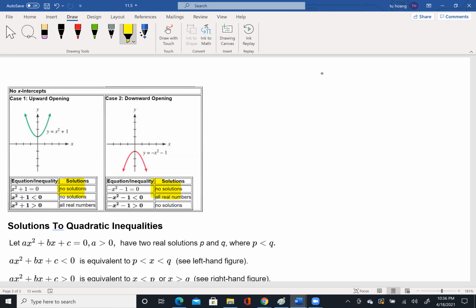You also get no solution if you look for x squared plus 1 less than 0, because the graph will never be below the x-axis. And all real numbers for greater than 0. And the opposite for case number 2: all real numbers when you look for the graph less than 0, and no solution for greater than 0, right?